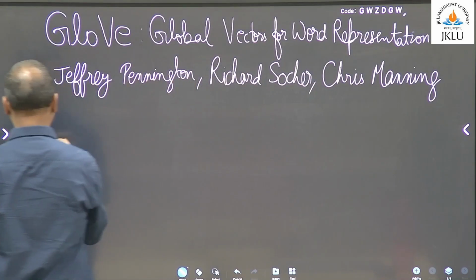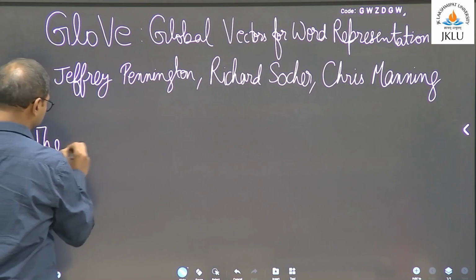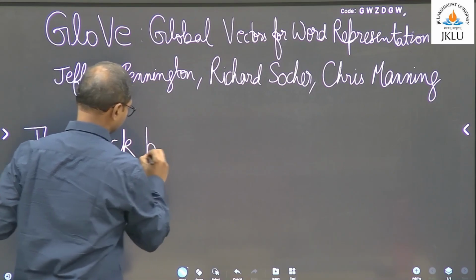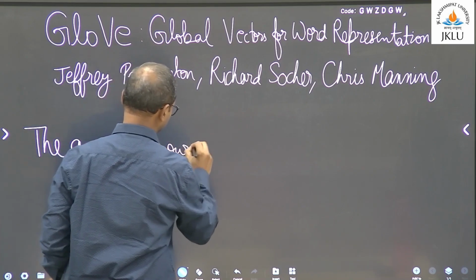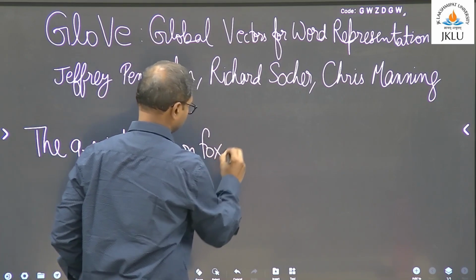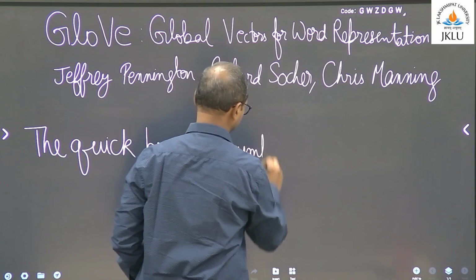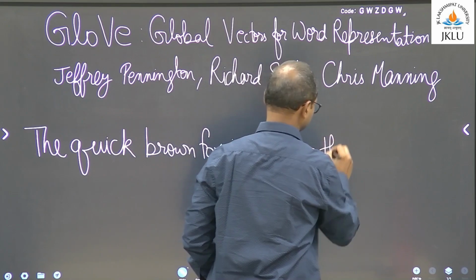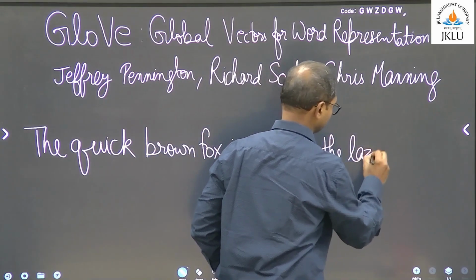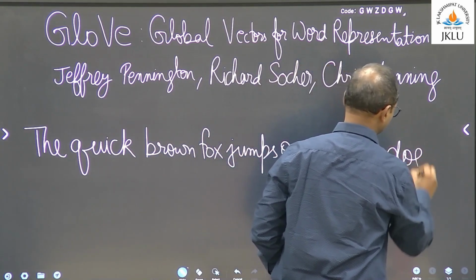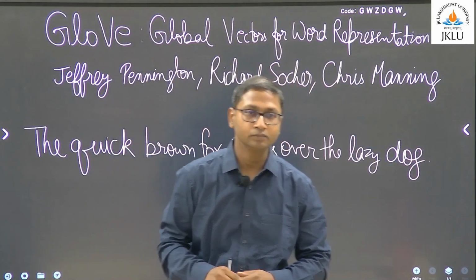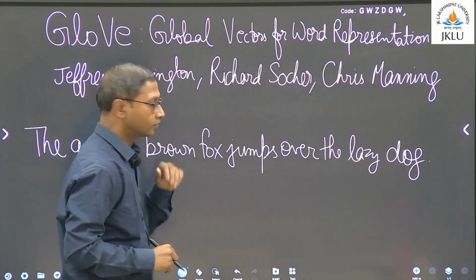Again, what was our example? What are we going to do in GloVe now?